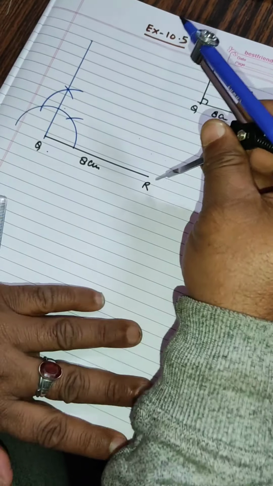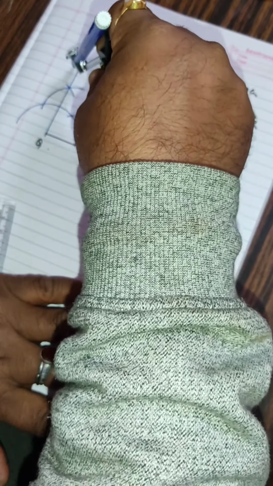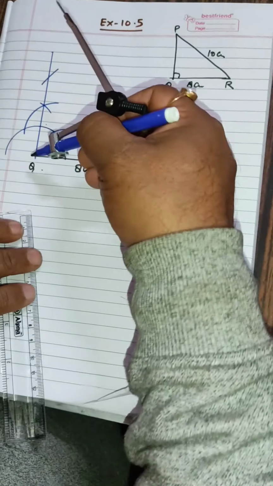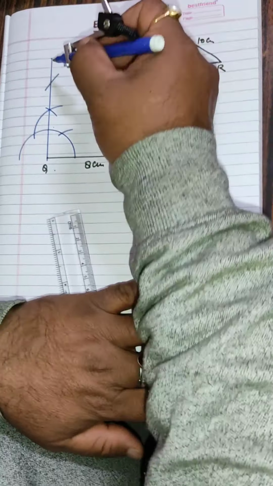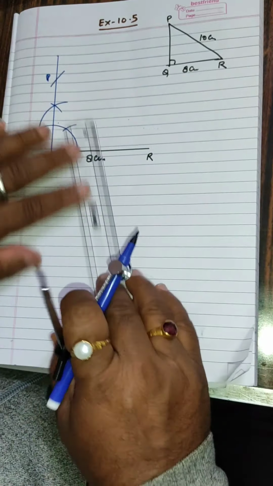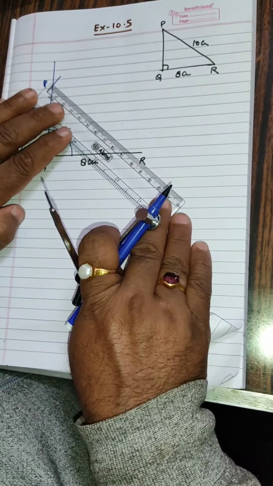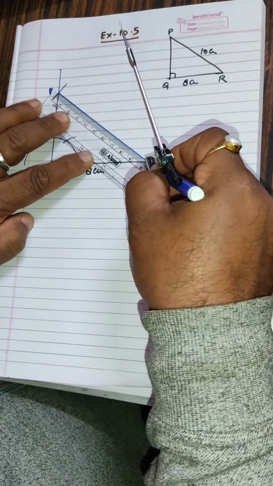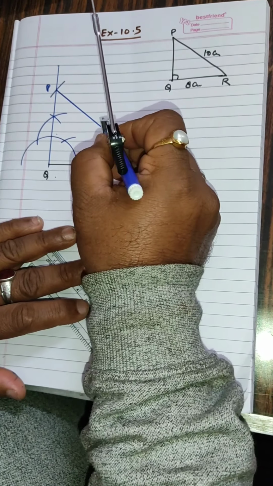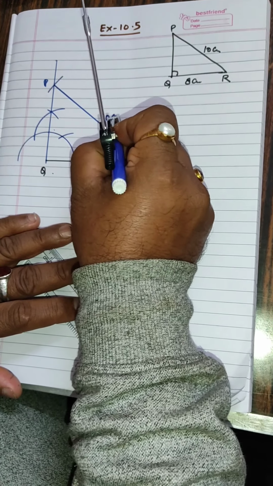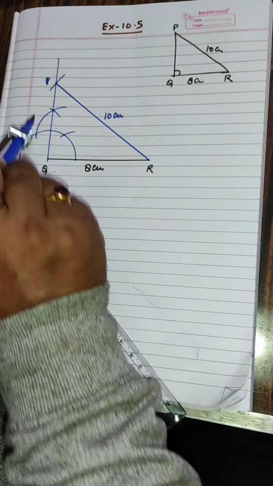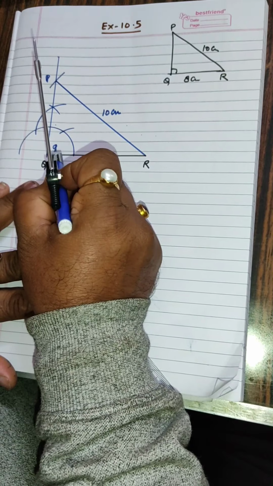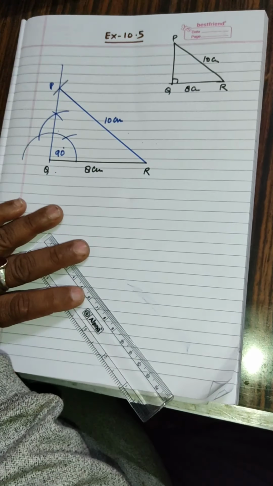And from R, cut an arc which intersect the angle line of Q at the point P. Join PR, it is of 10 centimeter. This is our required triangle PQR. QR equal to 8 centimeter and angle Q equal to 90 degree.